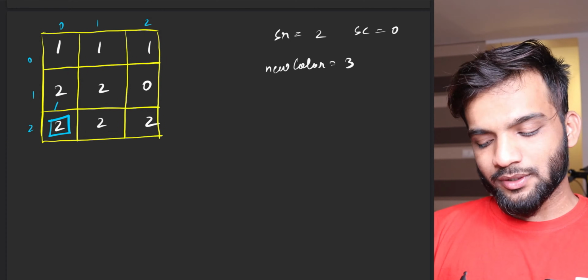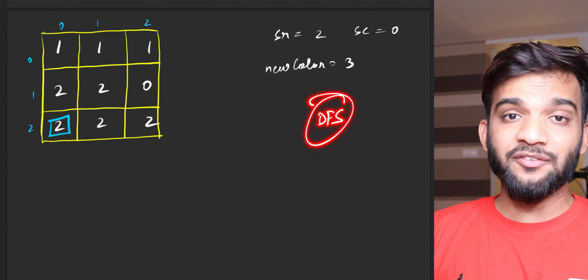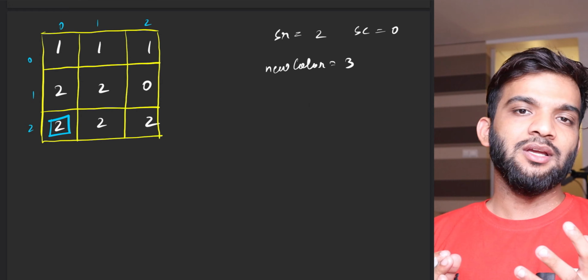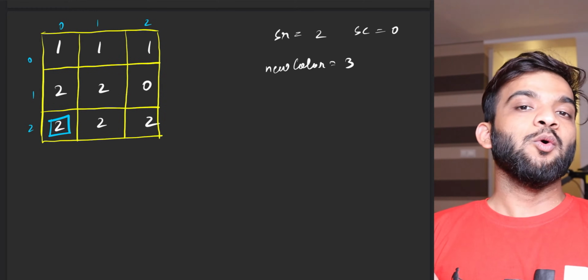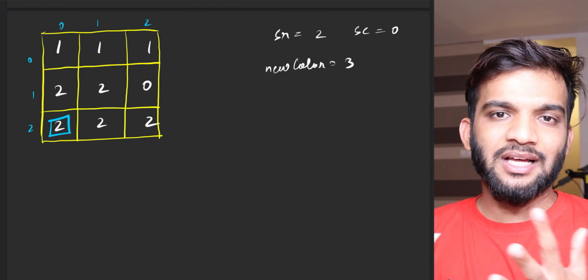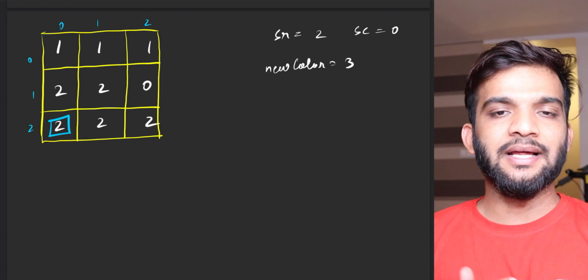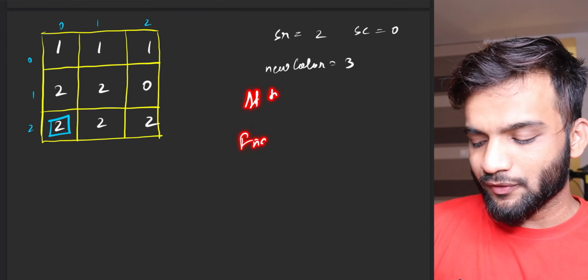Or what I can do is I can use something like a DFS algorithm, because the previous problem we solved using BFS. So this problem we will be focusing to solve using DFS, so that you understand why DFS works over here. It's nothing like you have to color them in a minimum time or something like that. The question says at the end of the day, I need the final configuration.